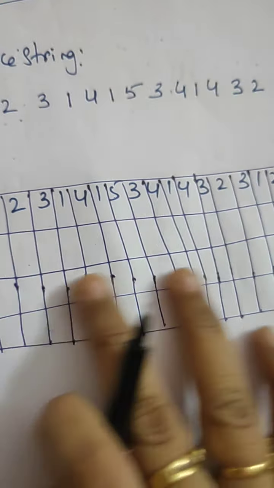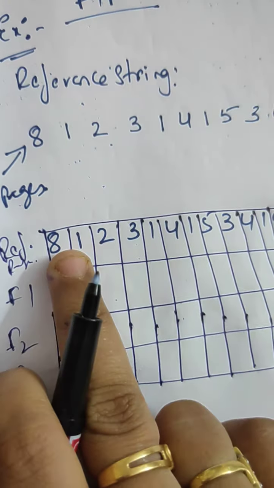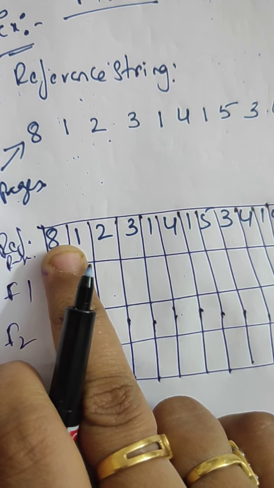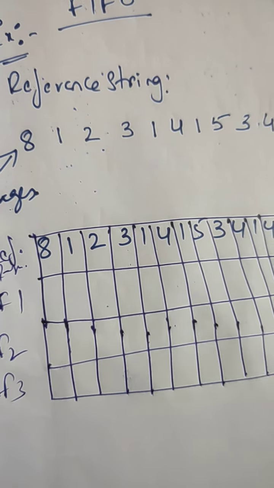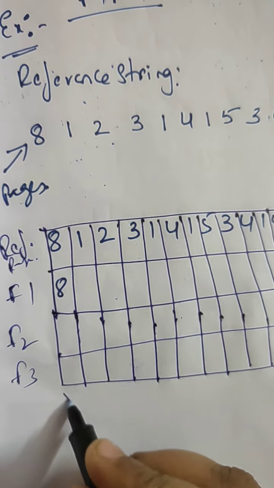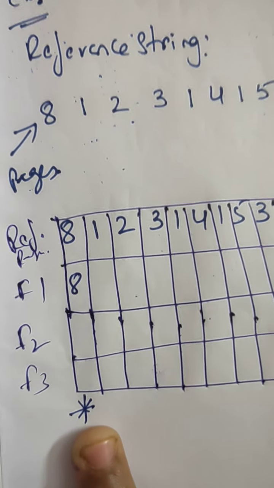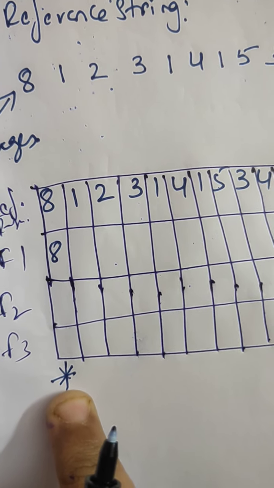When we start the system, the main memory is empty. So when the processor demands 8, it does not appear there, so it is stored directly, and a symbol indicates that it is a page fault.